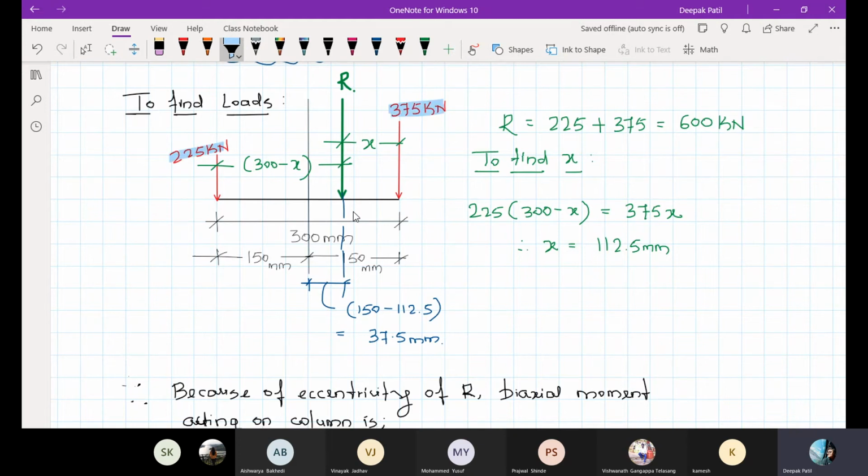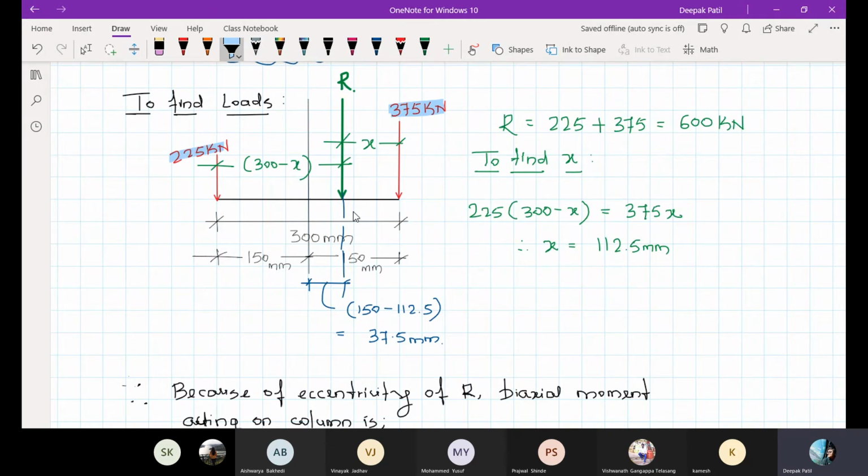Then what is the resultant of these two forces? Since these two forces are coplanar parallel forces, the resultant should be the addition of these two, that is 225 plus 375, which is 600 kilonewton.